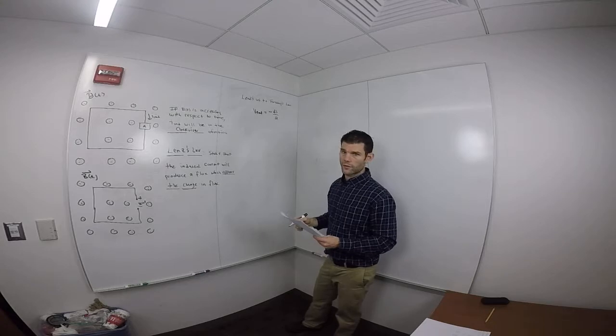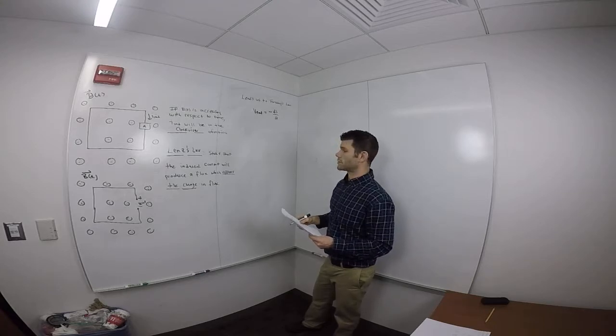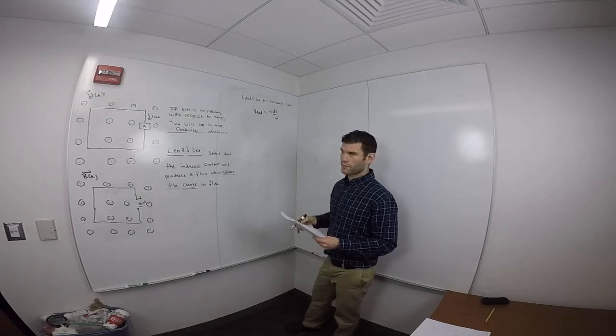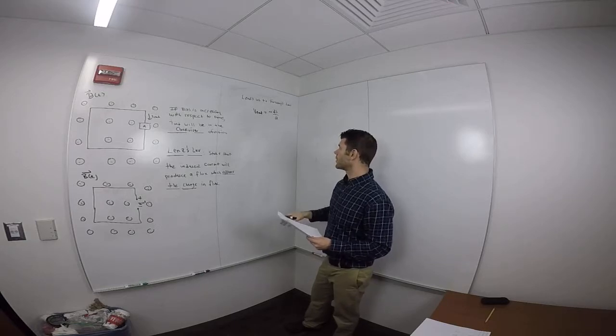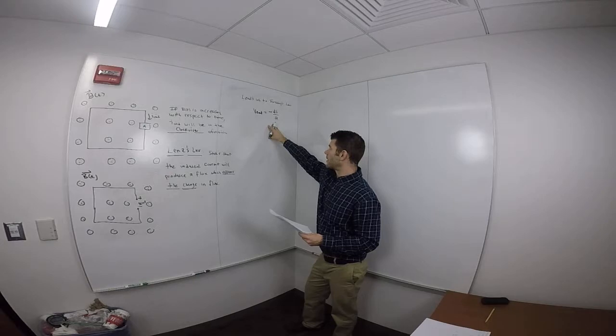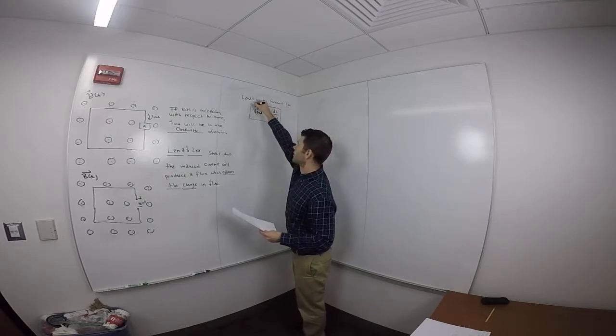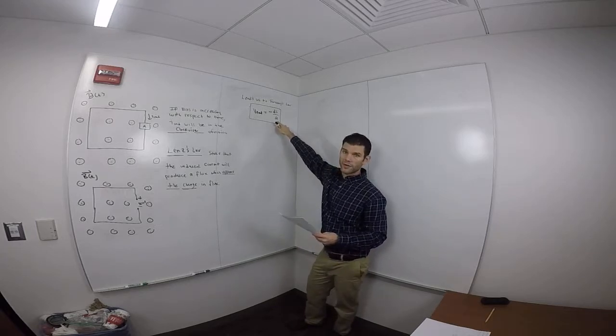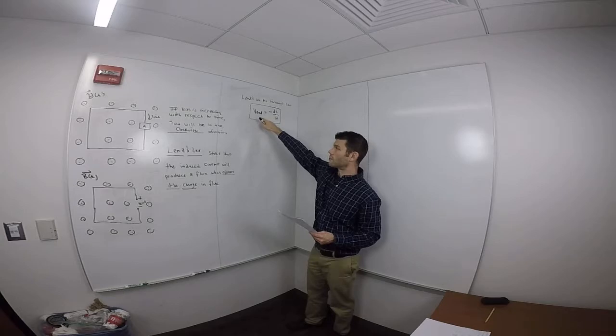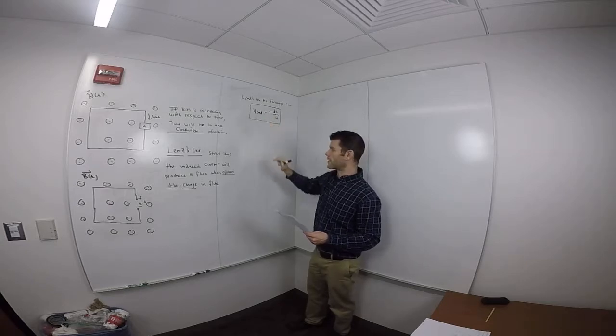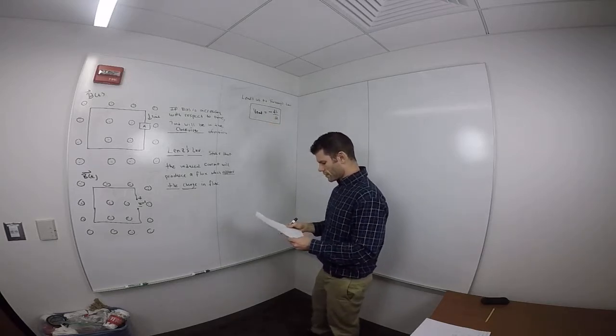Recall that lambda is what we refer to as flux linkage, which is just the magnetic flux times the amount of loops that it links. So from this right here, we see that we have a dynamic version of Faraday's law. So this is time dependent. If there is no change with respect to time, this is going to be equal to 0. So this is different than in the static case.